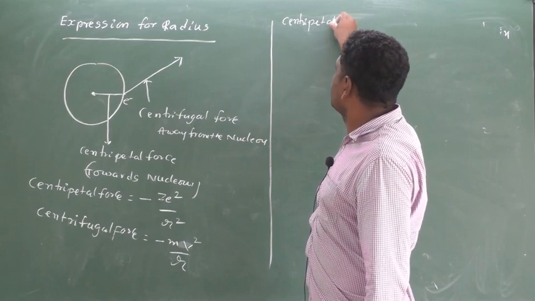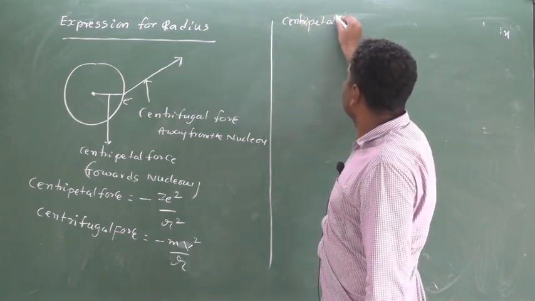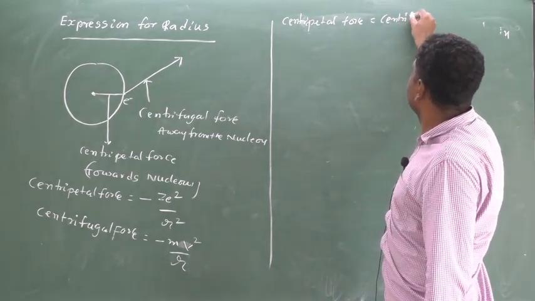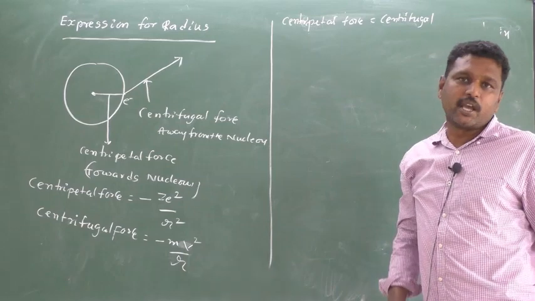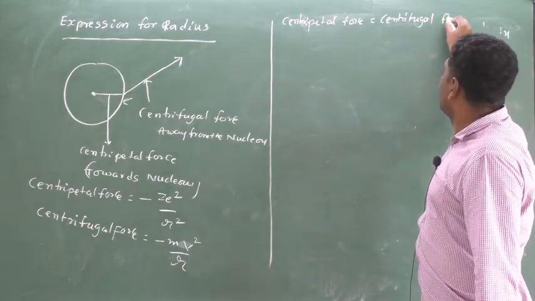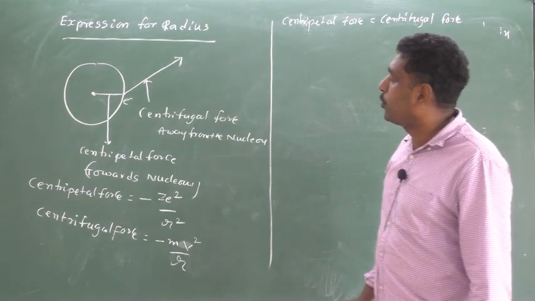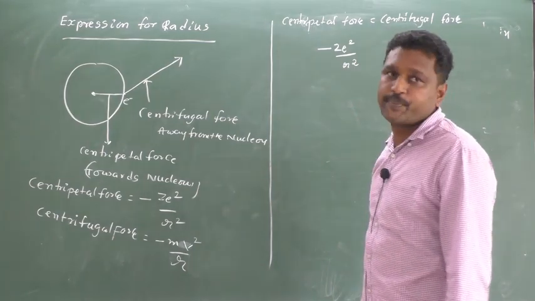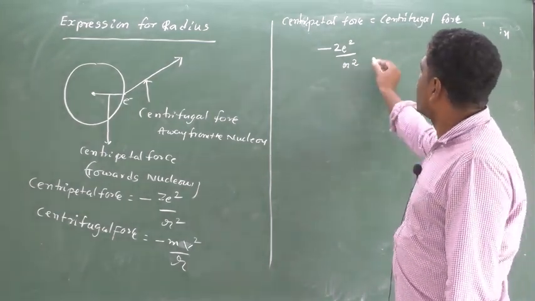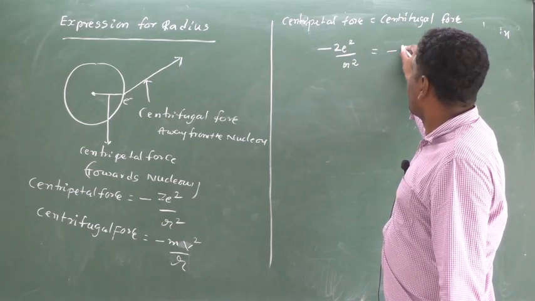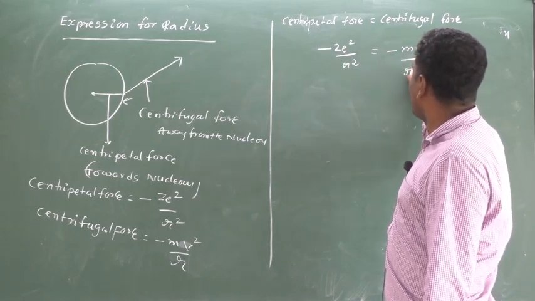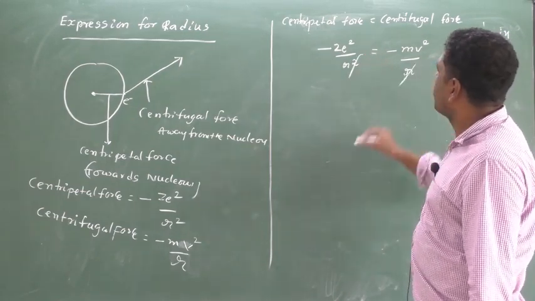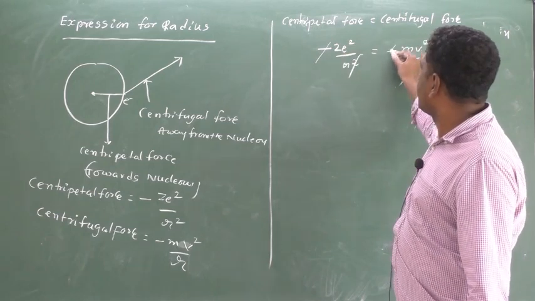According to Bohr's theory, centripetal force is equal to centrifugal force. Centripetal force is minus Ze square by R square, and centrifugal force is minus mv square by R. So R square and R will get cancelled, and the minus and minus will cancel.